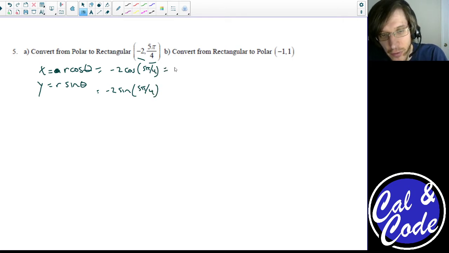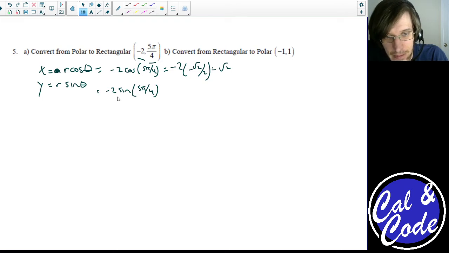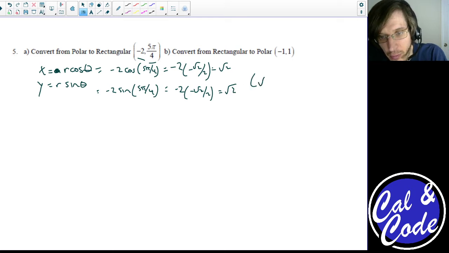Cosine of 5 pi fourths is -√2 over 2, so we end up with √2. Sine of 5 pi fourths is also -√2 over 2, so it's also √2. So I get the point √2, √2.